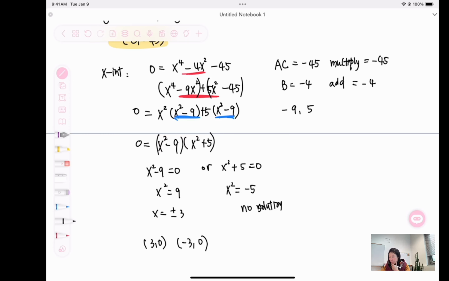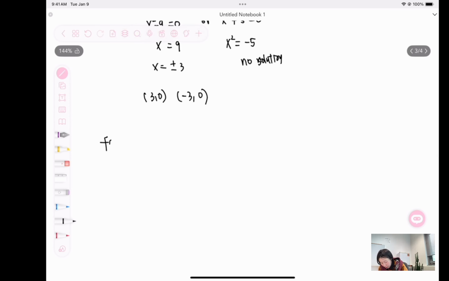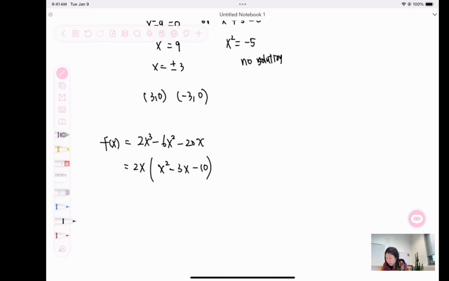Okay, let's try another one. f(x) equals 2x cubed minus 6x squared minus 20x. First step, factor the common factor out, which is 2x. So I have 2x times x squared minus 3x minus 10.